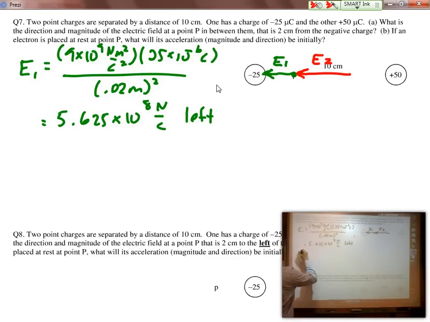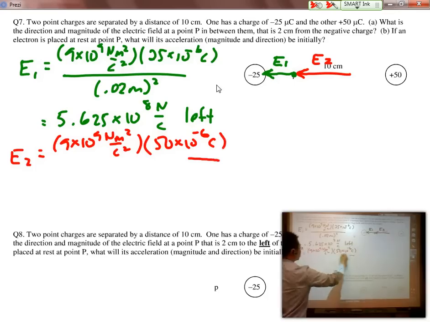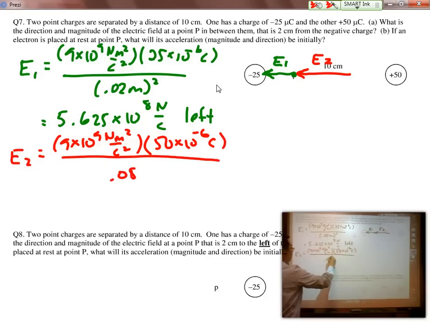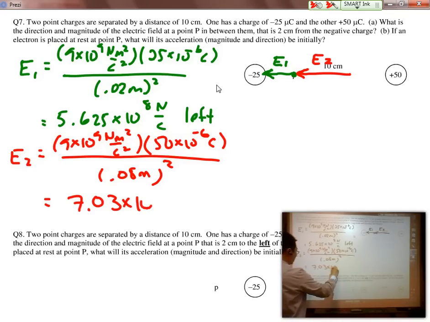E2 will equal 9 times 10 to the 9th newton meters squared over coulomb squared times 50 times 10 to the negative 6 coulombs divided by 0.08 meters squared. In this case, it will equal 7.03 times 10 to the 7th newtons per coulomb left.